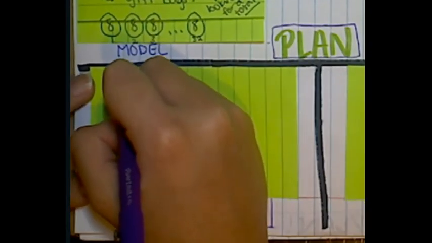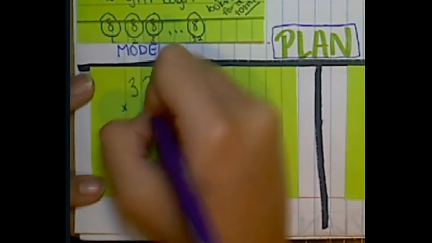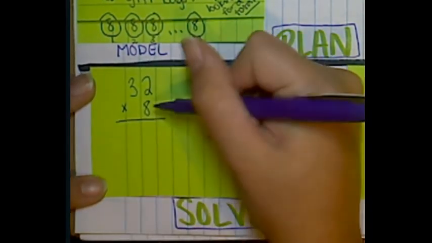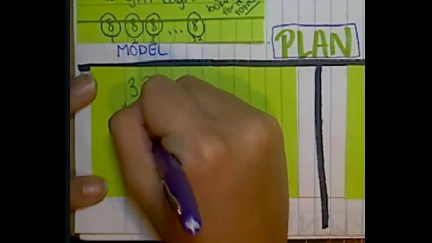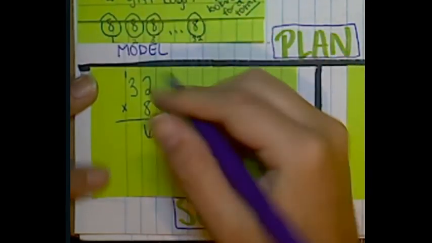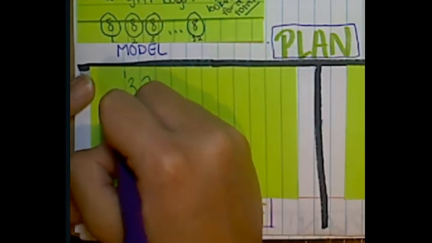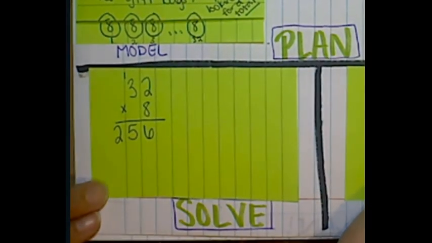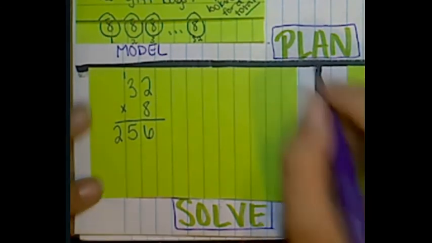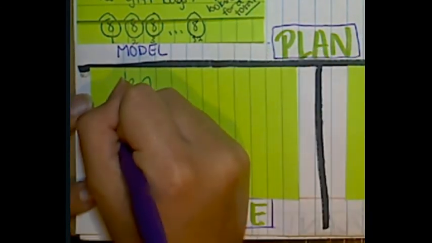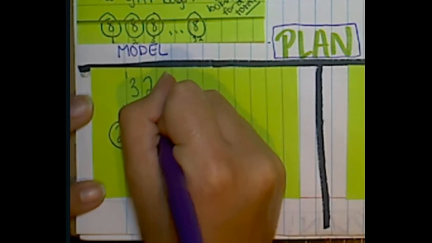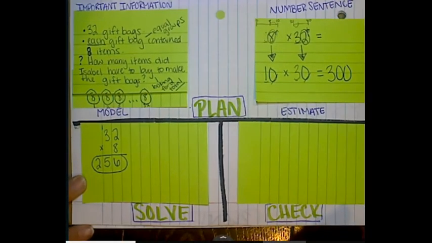I'm going to multiply that by 8. 8 times 2 is 16. 8 times 3 is 24, and 25. And my answer should be 256.